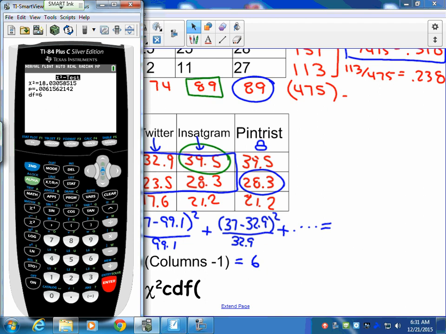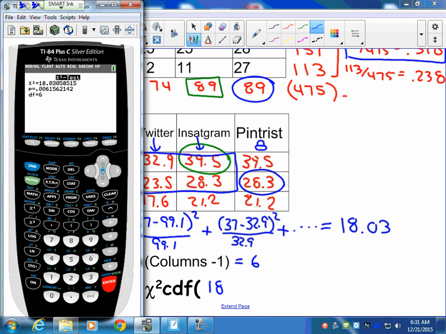So now we've got our chi-squared value, so we can finish out this calculation. Didn't have to do it by hand. Letting technology help us with that. It also gives us our p-value, so all we have to do is write our probability statement.